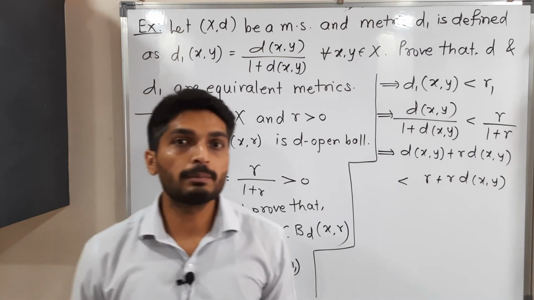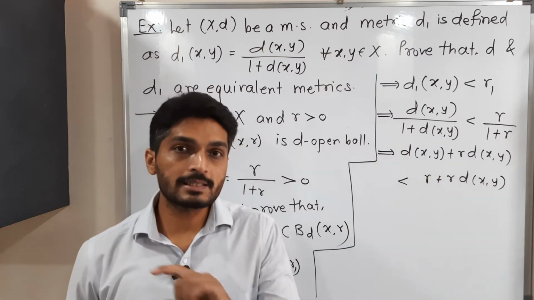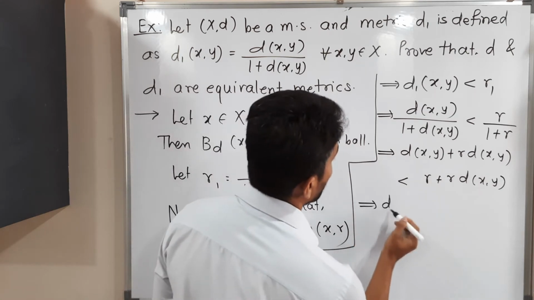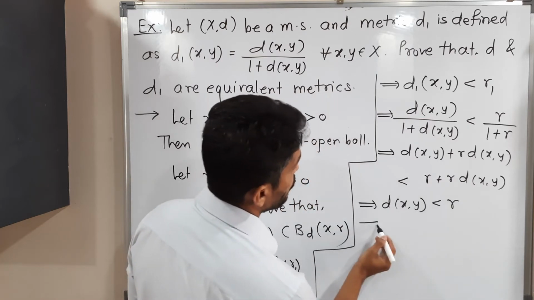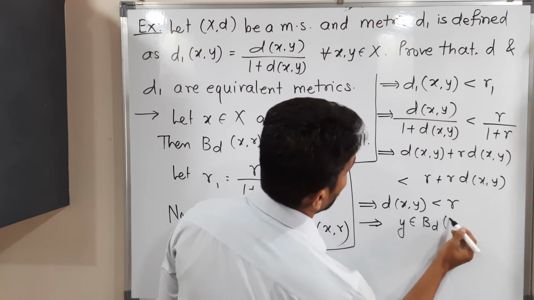One term is common between the left hand side and the right hand side, that is r d(x, y). So we can cancel r d(x, y) from both sides and we have d(x, y) less than r.